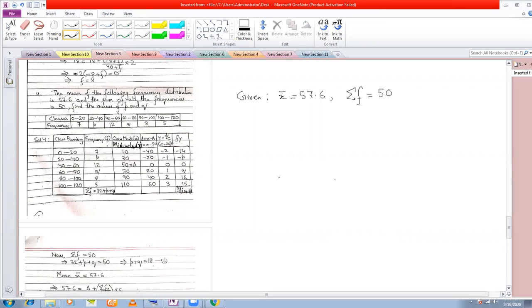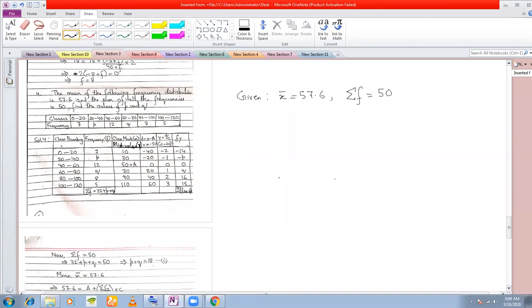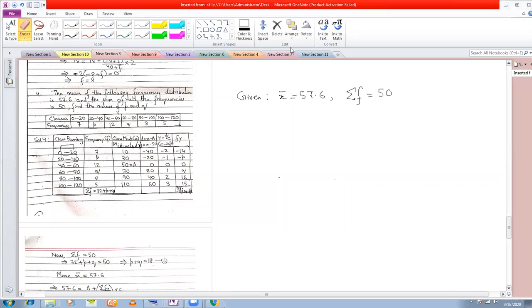You know how to calculate the mid values. 0 plus 20 divided by 2 will give you 10. 20 plus 40 divided by 2 will give you 30. 40 plus 60 divided by 2 will give you 50, and so on. So you calculate the mid values.